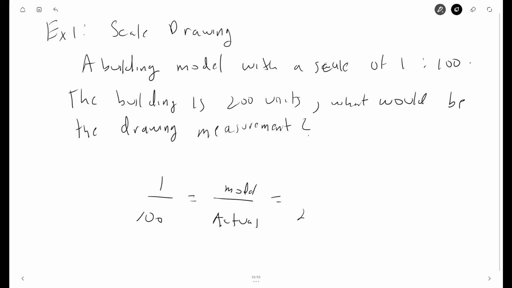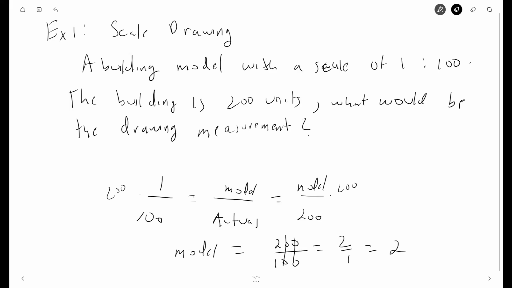The actual is 200, and we want to find the model. So all I need to do is multiply both sides by 200. Then model will be 200/100. Then we cancel zeros, and that will be 2/1, which is equal to 2. So the measurement will be 2.